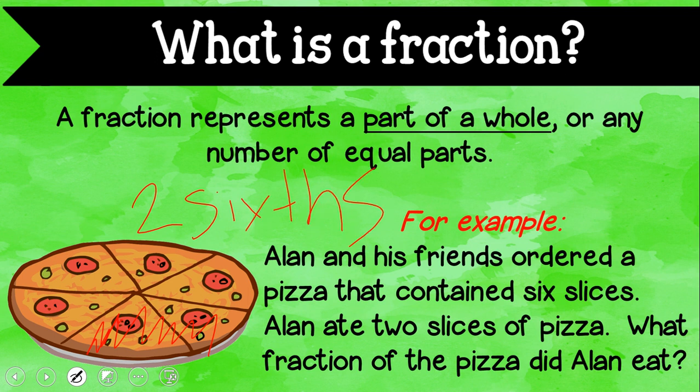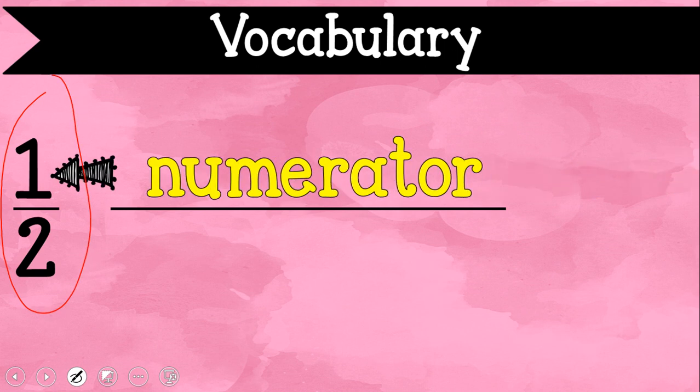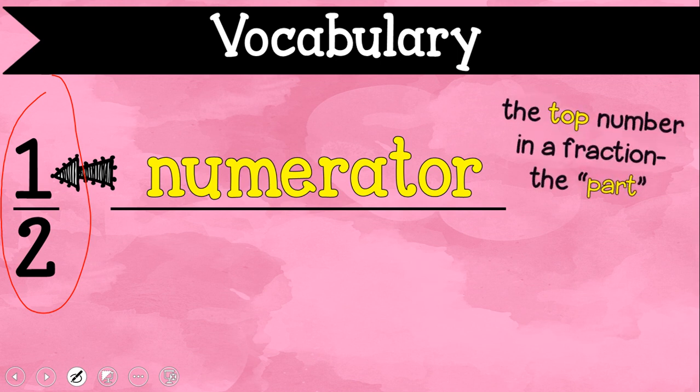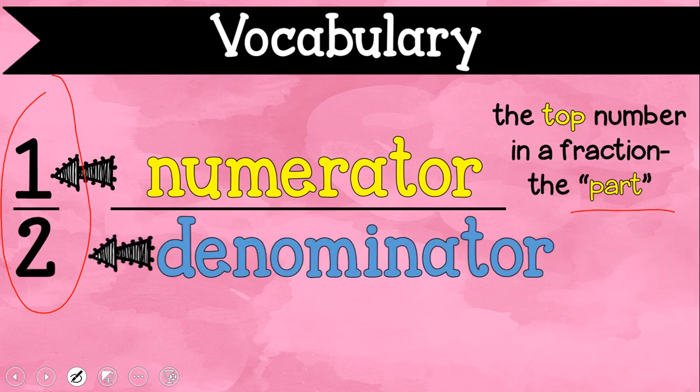So that's how we write it as a word, as its name. But we're going to learn how to write a real fraction today. I've already introduced you to the words numerator, which is the top number, and that's the part.